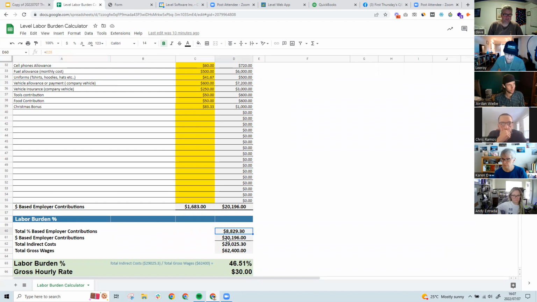So here you have the 9K and the 20K, which gives you 29K. Basically, outside of the gross wage that I pay this employee, the hourly rate, every year I incur close to $30,000 in indirect costs so that this guy or girl can get their job done.